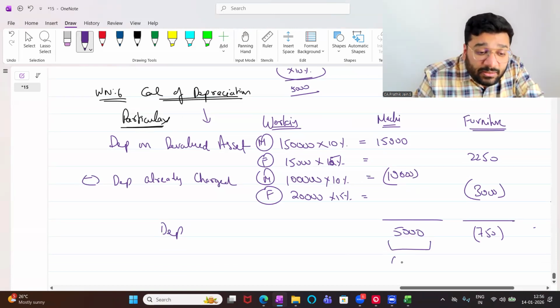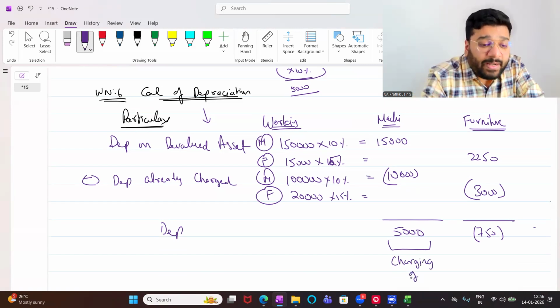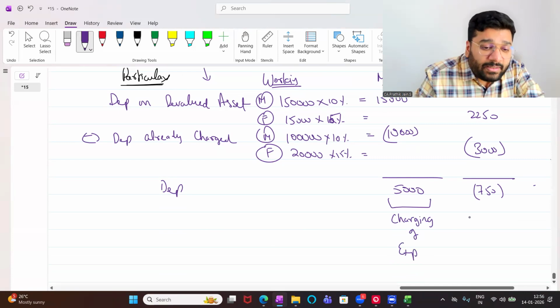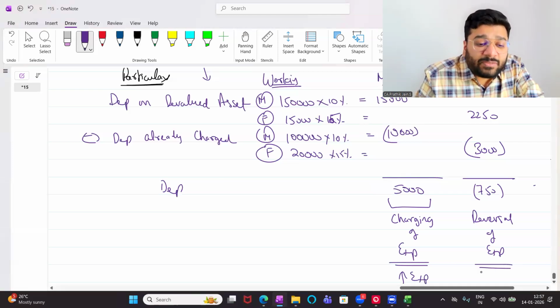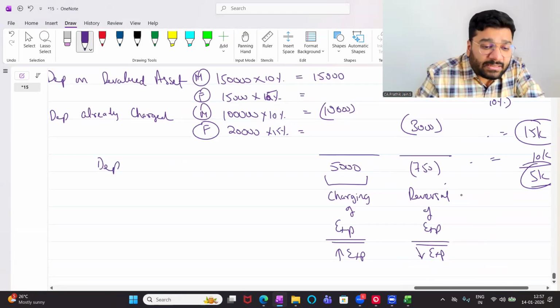This is charging of expenditure, and this is reversal of expenditure. Charging of expenditure will increase expense. Reversal of expenditure will decrease expense. We call this, in other words, savings in depreciation.